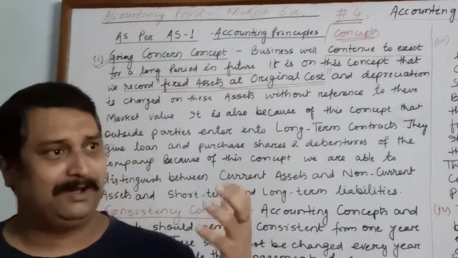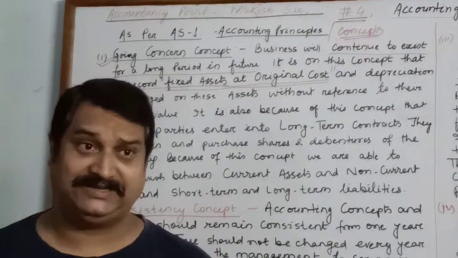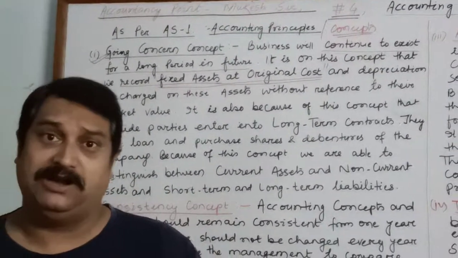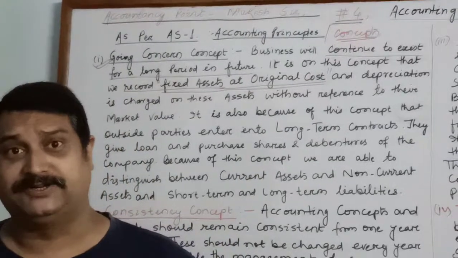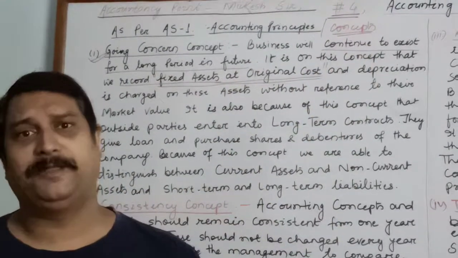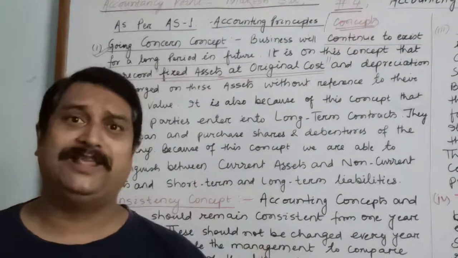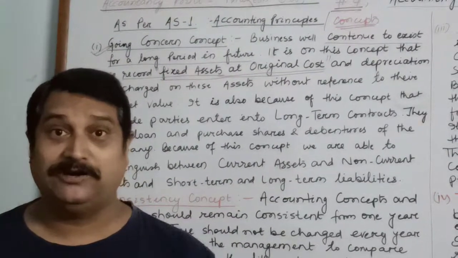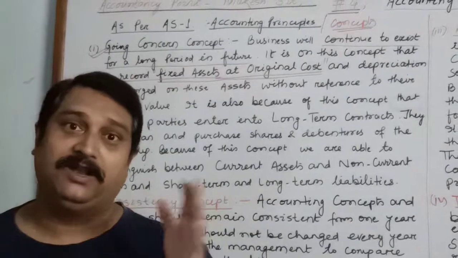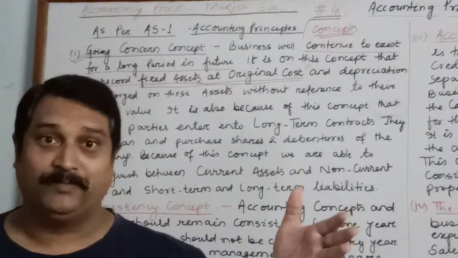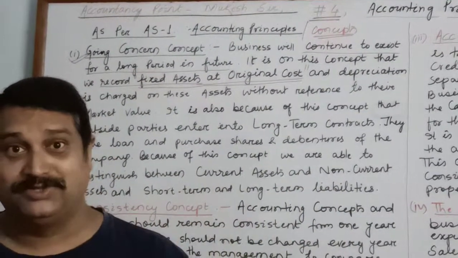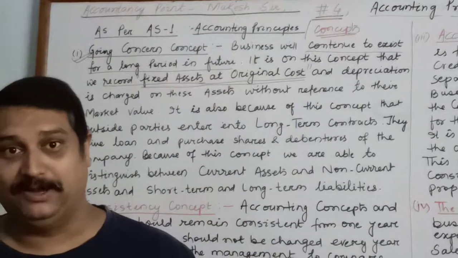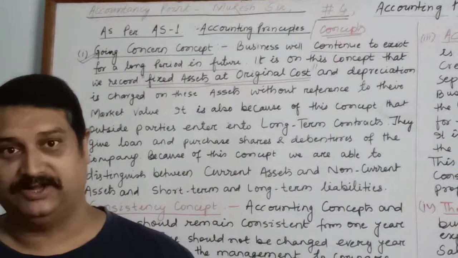We know that the fixed assets which we have purchased, like land, building, plant, machinery, furniture, fixtures, will continue for a very long period of time. And that is why we show them in the books of accounts at their original cost. But that does not mean that year after year it will be shown at the same value. When the assets will be used, there will be a reduction in their value. So depreciation will be charged.